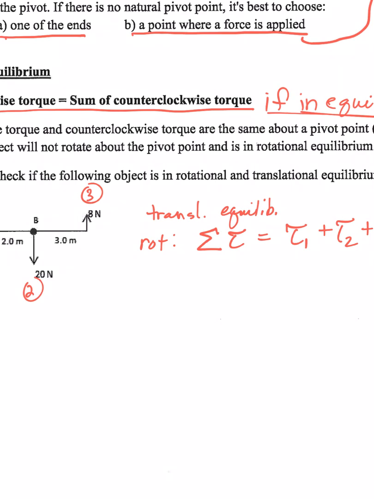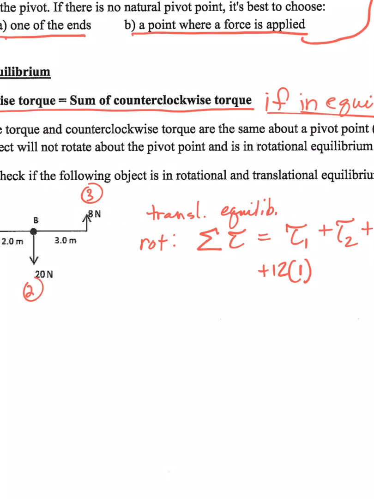If this is in rotational equilibrium, all of those added up should add up to what? 0. To figure out torque 1, we take the force times the distance away from the pivot. And the distance away is 1. If we just look at that force, is the stick going to go clockwise or counterclockwise? Counterclockwise, which means it's a positive torque.